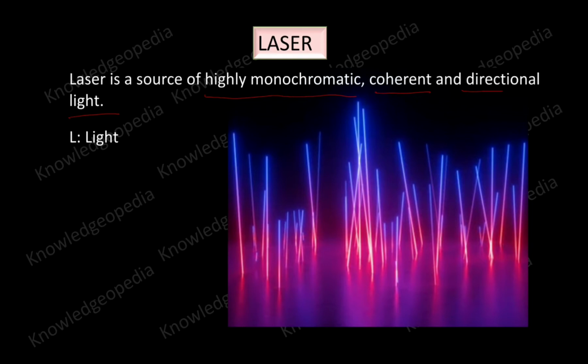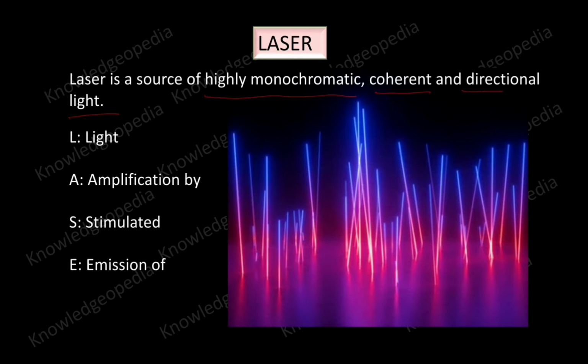L stands for light, A stands for amplification by, S stands for stimulated, E stands for emission and R stands for radiation. Here the first two terms explain what the device is doing, and the last three terms tell us about the process through which light amplification is done.